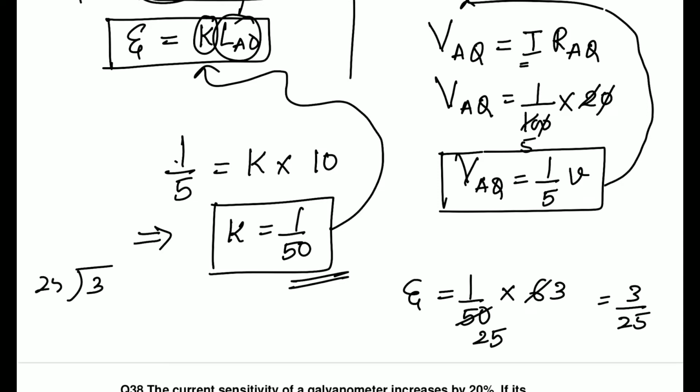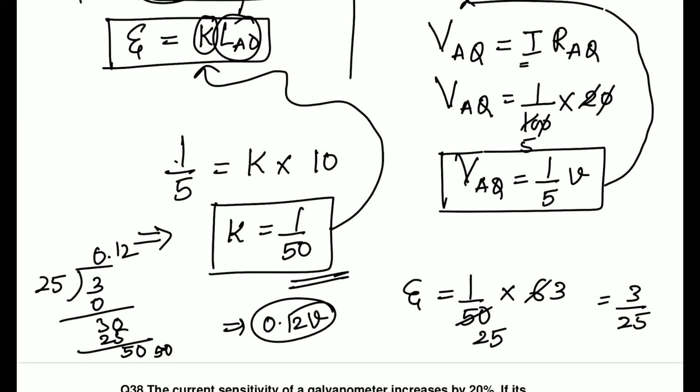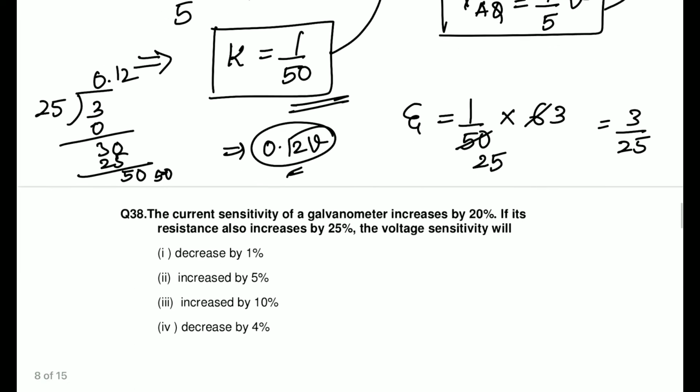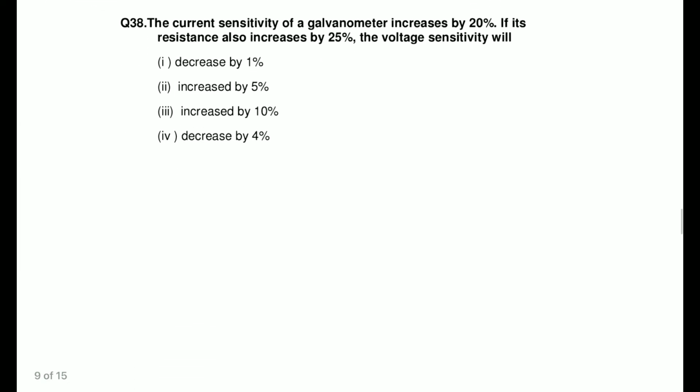So you have 3, 25, 25 is 0, 0, this is 30, 25, 1, 25, this is 5, this is 25, 2, 50. So the value is coming out to be 0.12 volt, right? So yes, fourth option is the correct one. I hope that is understandable. Yes. Okay, if that is true, let's move forward.